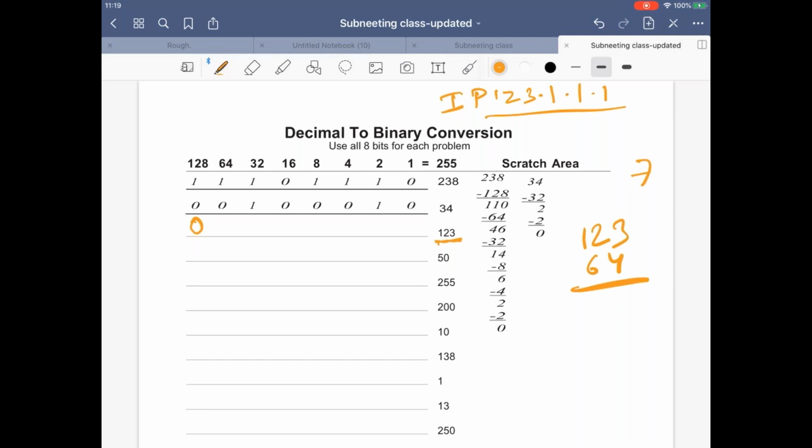How much? 123 minus 64? 59. We have done this before also, no? Let's take, this is also 0. 32 plus 16, how much? 48.